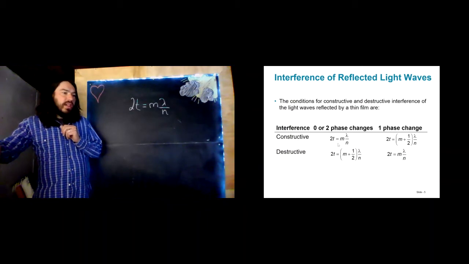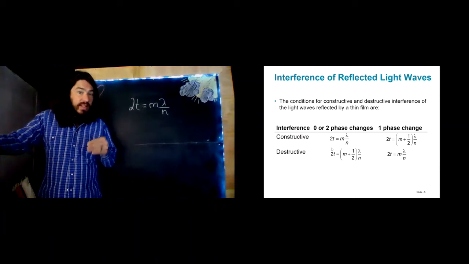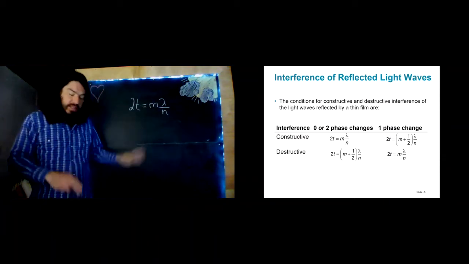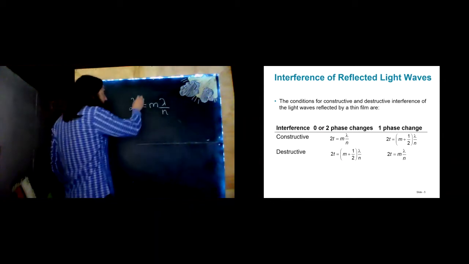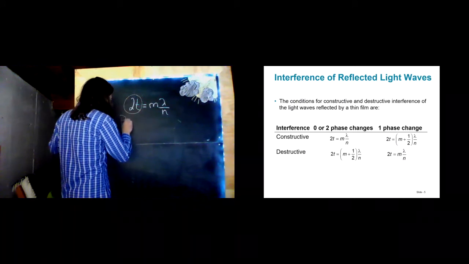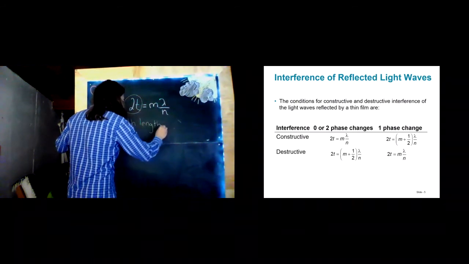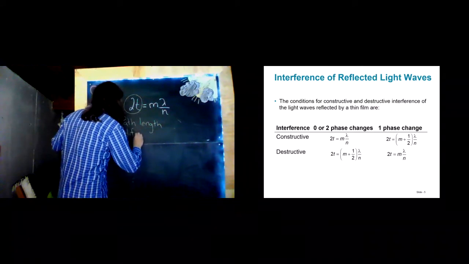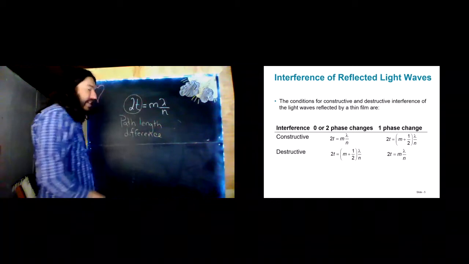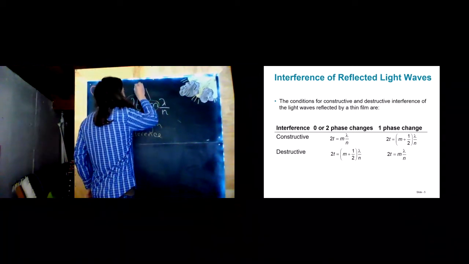So for constructive interference, of course, it happens when the path length difference is equal to an integer number of wavelengths. It turns out that that's exactly what this equation says. What is 2t? Well, that is the path length difference. m is an integer.